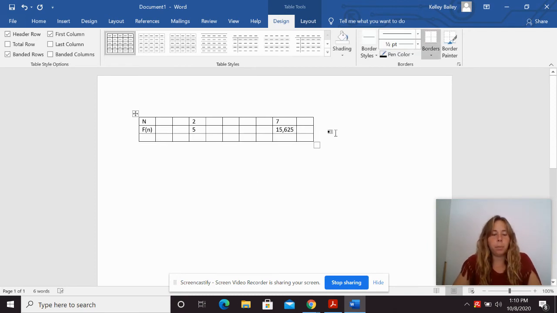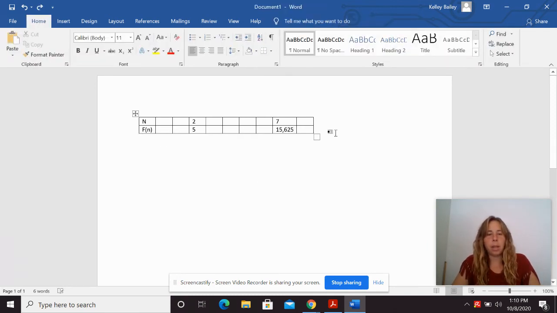So we need to figure out what the pattern is. What's the constant ratio? Remember, we're just filling in missing terms. You don't have to fill them in. You just have to figure out the pattern, and that's really it.